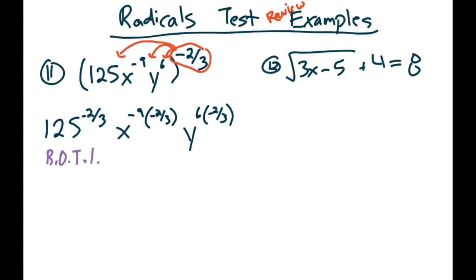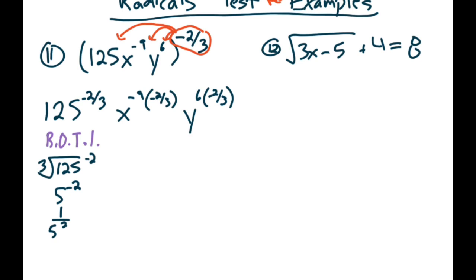So the bottom goes out, so this becomes the cube root of 125 to the negative 2nd power. Cube root of 125 is 5 to the negative 2nd power. Negative power means it goes on the bottom, so 1 over 5 squared. So I get 1 over 25.